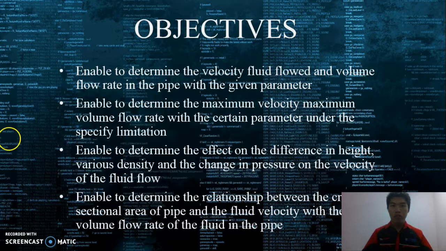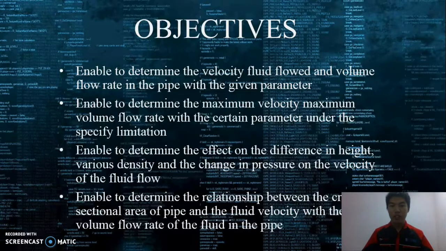So our first objective is to determine the fluid flow velocity and volume flow rate in the pipe with the given parameters and limitations. The second objective is to determine the maximum value of the volume flow rate and the velocity with certain parameters under specific limitations. And then the third is to determine the effect of differences in height, varying density, and change in pressure.